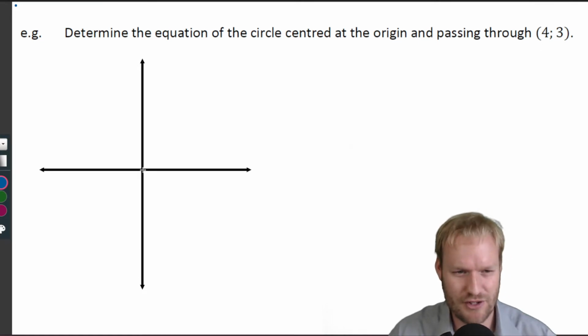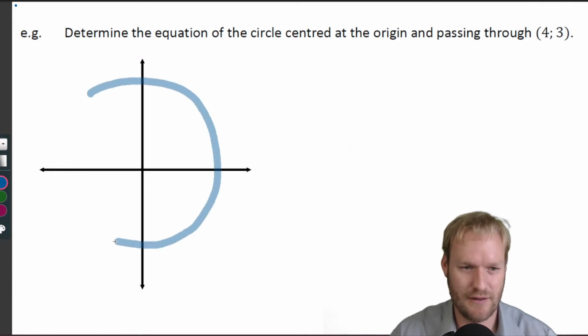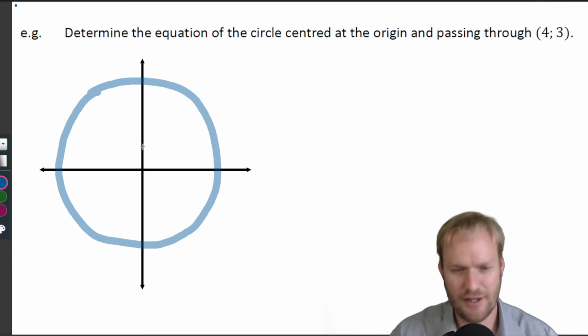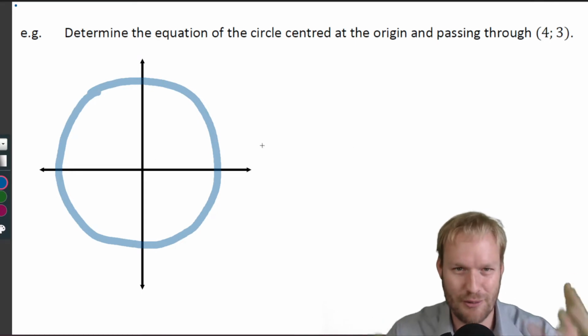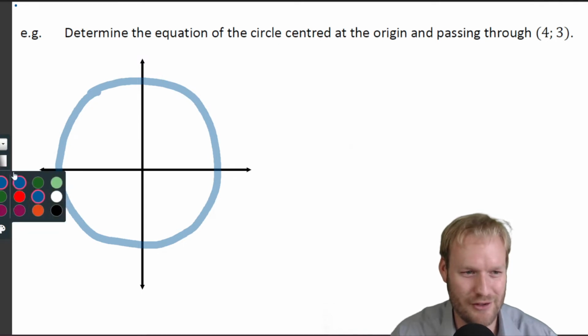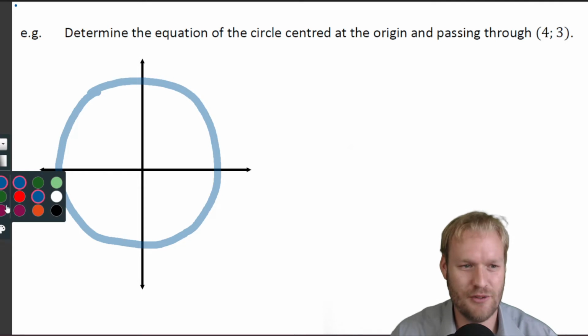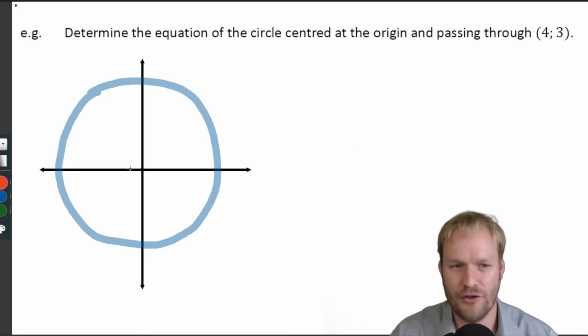So we're in the middle of our circles here. We know that a circle looks something like that. Now, if you've got some sort of circular maker object, then make use of it. Otherwise, that doesn't look too bad, right? So there's our circle. Now, it says that it's passing through the point 4, 3.